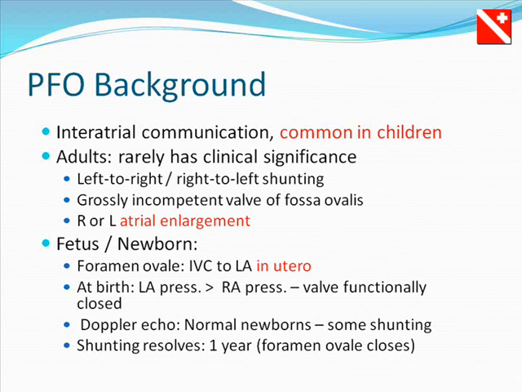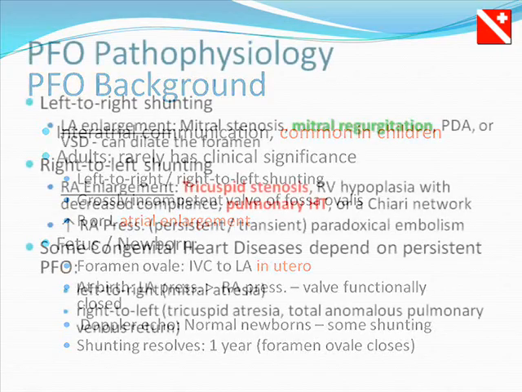If you have disruption of the interatrial septum through enlargement either of the right or the left side, there's a greater chance that you will have shunting by disruption of the foramen ovale. And as we mentioned, in the fetus, in utero, it's great, but once they're born, it loses its functionality.